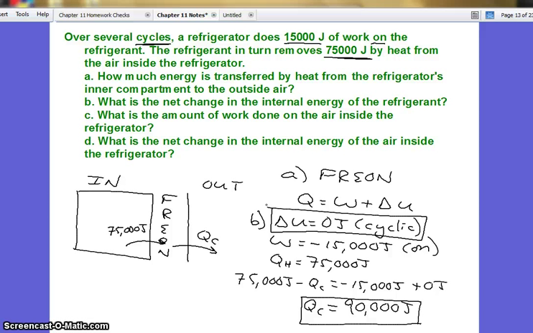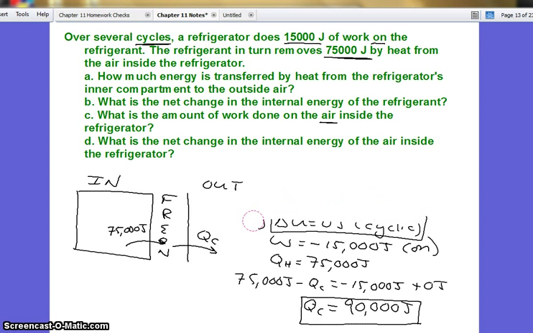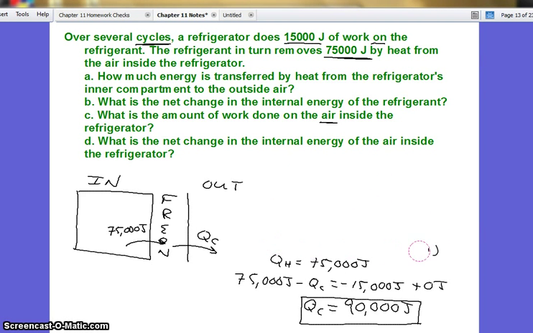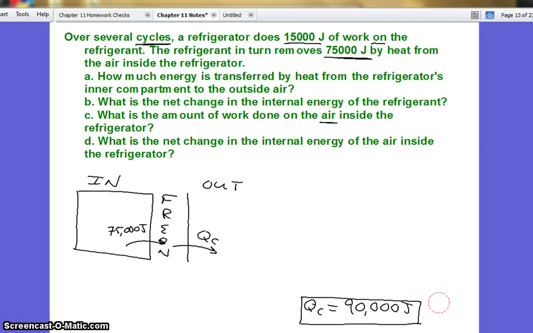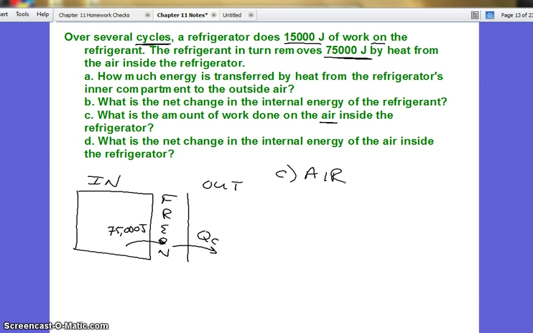Letter C asks, what is the amount of work done on the air inside the refrigerator? So for part C, we're asked to find this for a different system. Instead of the Freon, we have the air. So let's erase this here because it all applied to Freon. For part C, our system is now air inside the refrigerator.